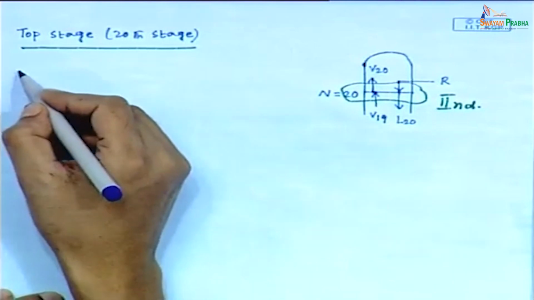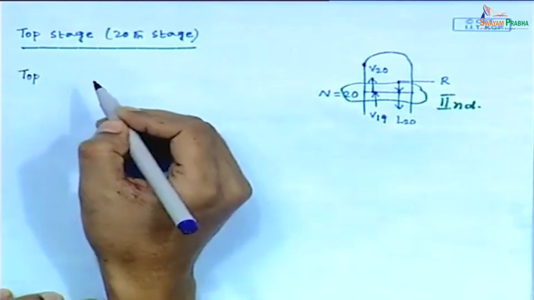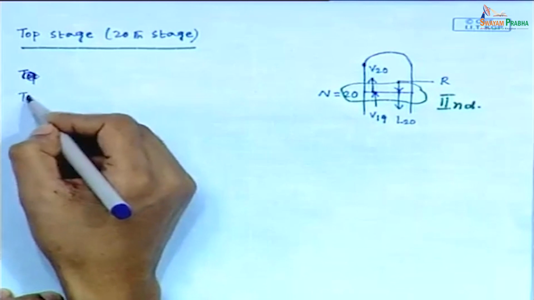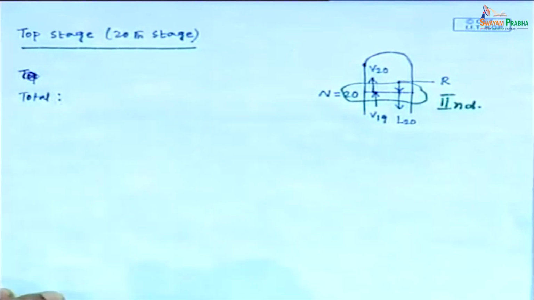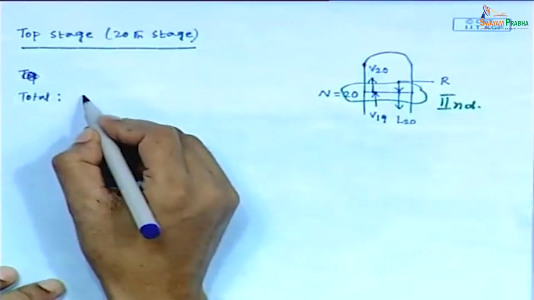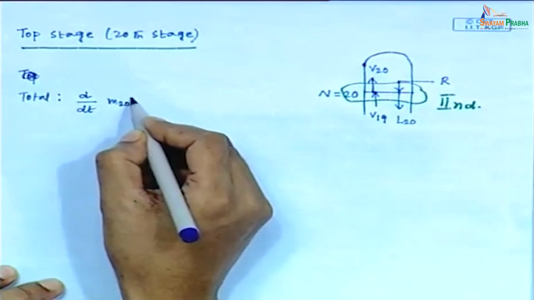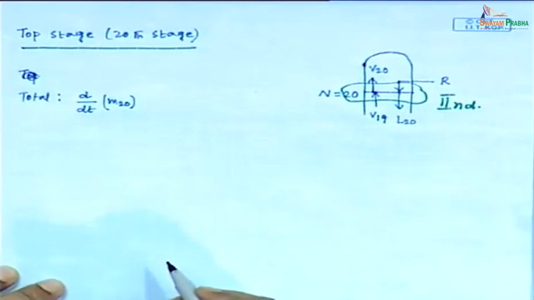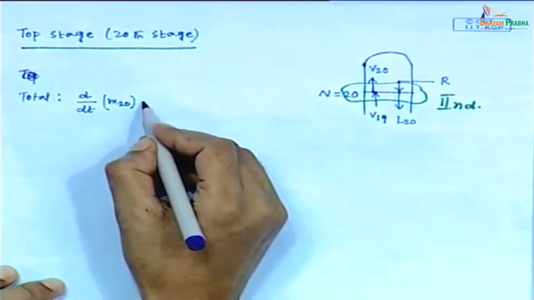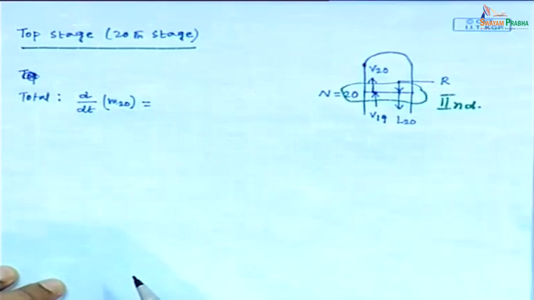Similarly, we have to develop the total mass balance equation. For this 20th stage, we consider the liquid holdup as M20. Then d/dt of M20, which is basically the accumulation term, equals the input flow rates.